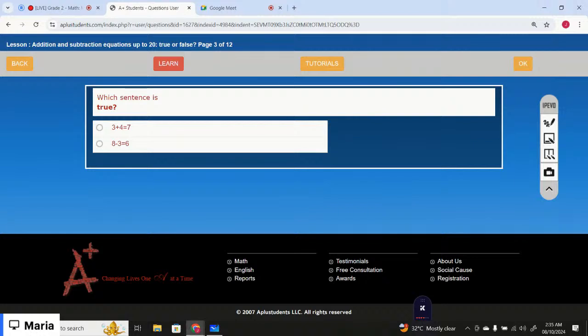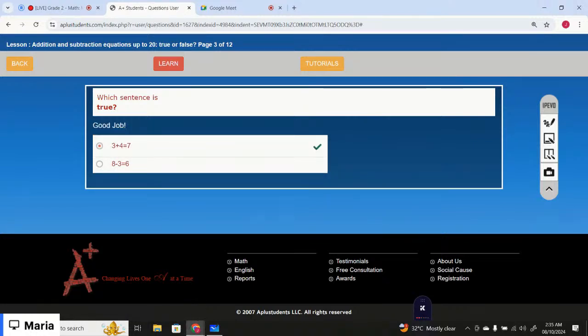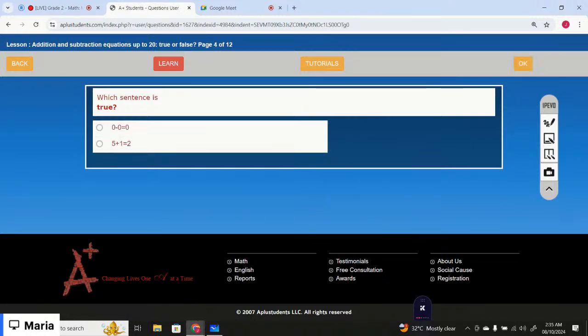Which sentence is true? Which is the correct option? Option number 1 is the correct option. 3 plus 4 makes 7. That is the correct option. Which sentence is true? Which is the correct option?